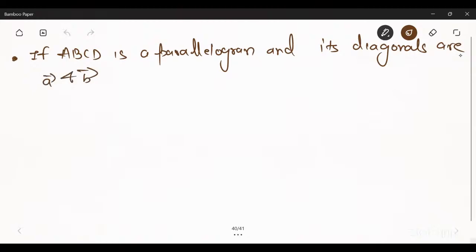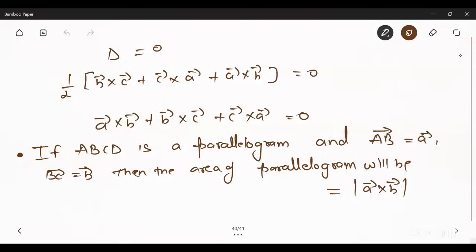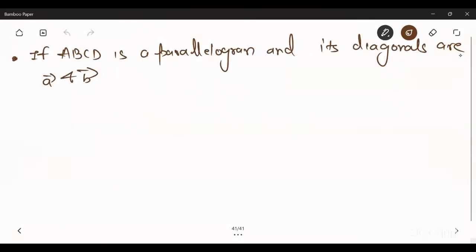In the first case, A vector and B vector are sides. In this case, A vector and B vector are the diagonals. So the area of parallelogram with the diagonals is half mod A cross B. So these are the relations.